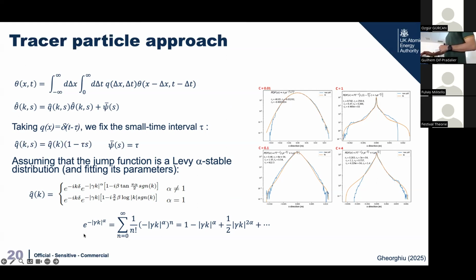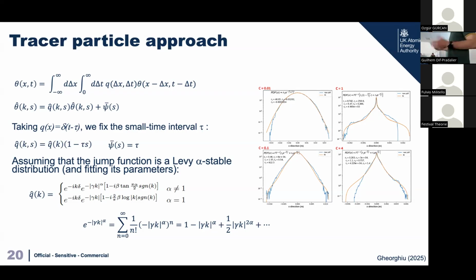Okay, one nice thing about the Levy alpha distributions is that fundamentally you can expand them as exponentials, and you end up with an expression that includes kappa, the wave number of your jump function, to the exponent alpha, where alpha is not necessarily an integer.